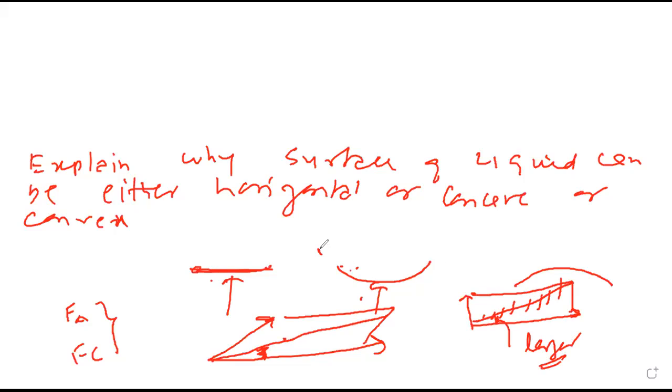If the surface is concave, then we have to draw a tangent at a point, right? If it is a curve, for direction what do we draw? Tangent. If the surface is not horizontal and you want to find the direction at that point, then we draw a tangent at the given point. If the curve is like this, the tangent at each point will be like this. Okay, very simple, nothing more.